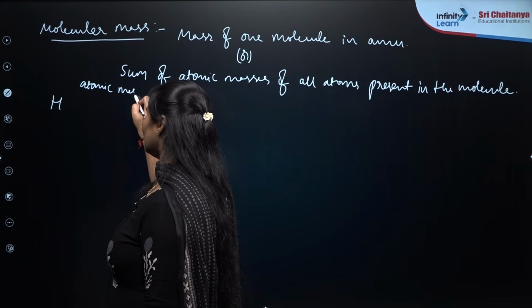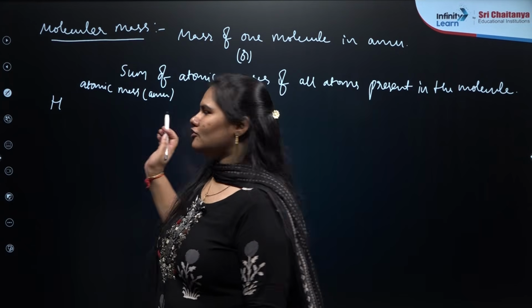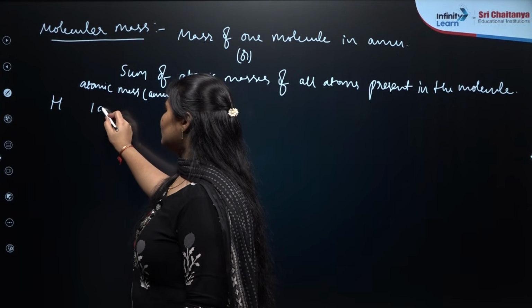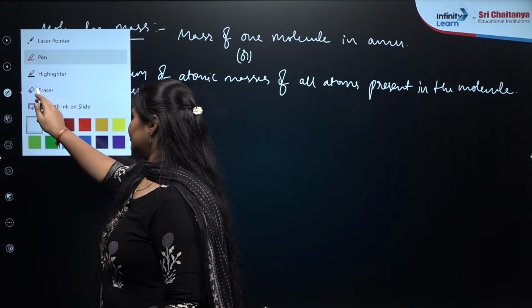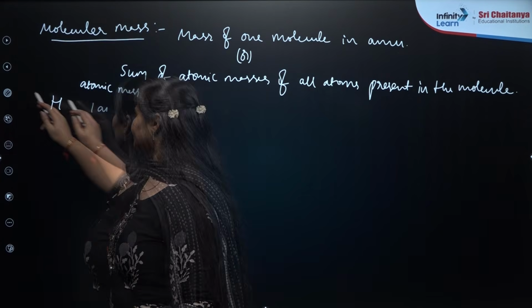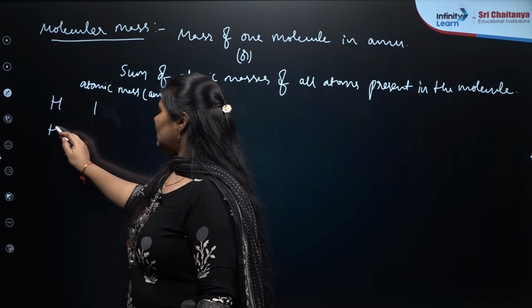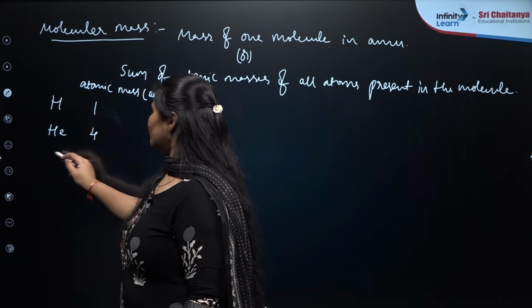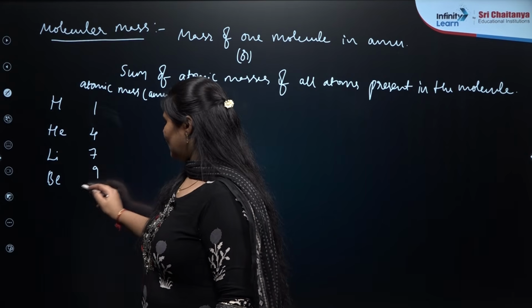As I am saying atomic mass, obviously the units are in AMU only, should not think otherwise. So hydrogen atomic mass, I am not writing the units again. Let me simply write 1. And then helium, how much? 4. Lithium, 7. Beryllium, 9.